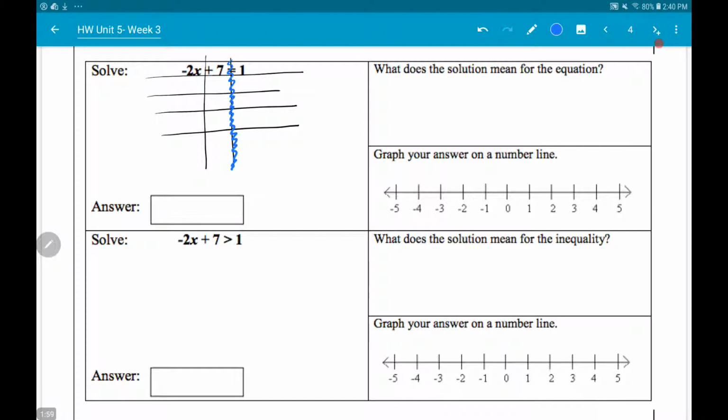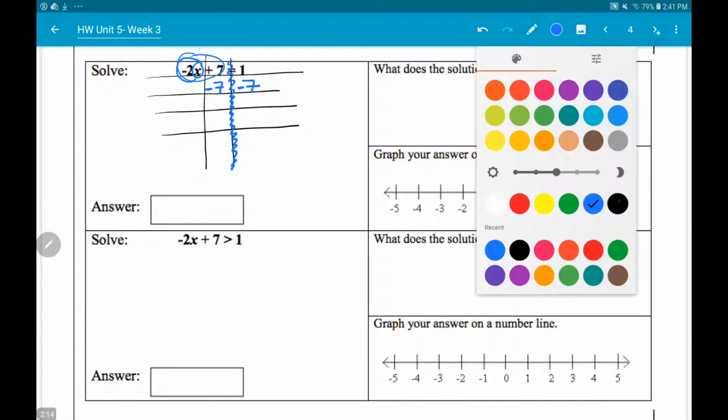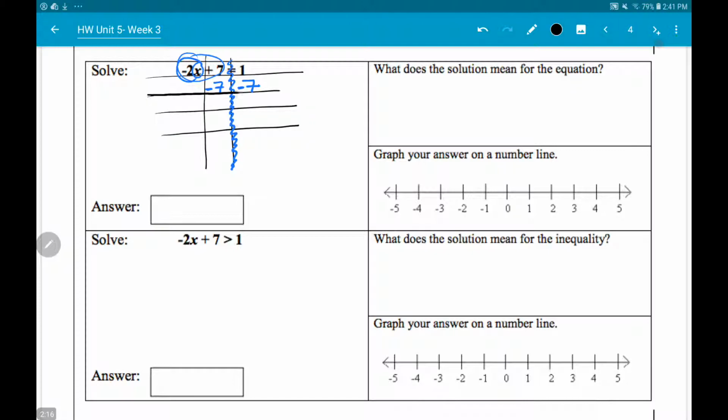I need to think about what I'm moving first and what operations I'm going to do. I'm going to start with my outside bubble, and in my outside bubble is the 7. So that's what I'm going to move first. It was positive, and I'm going to make it my inverse, which is negative. So now we simplify. We bring down my negative 2x.